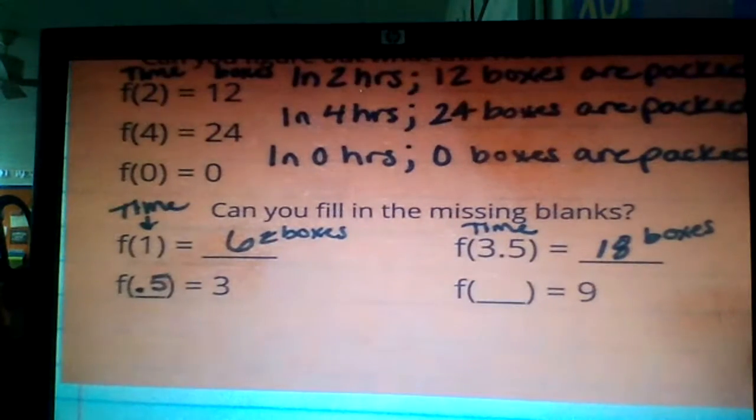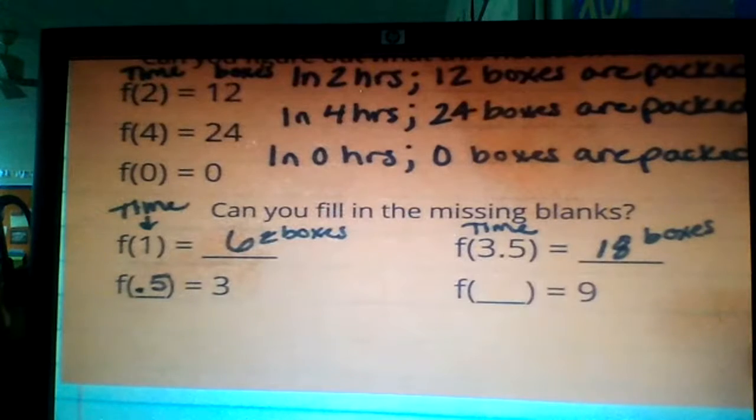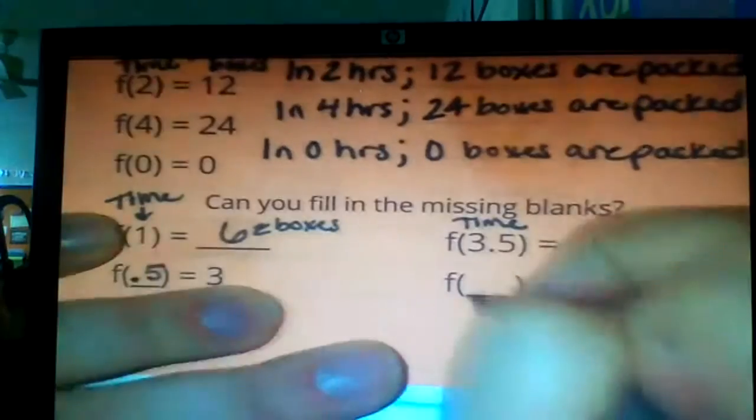In a half an hour, you've packed 3 boxes. Can it be 0.5? Yes, it's the same thing. The second one's 1.5. How long does it take to pack 9 boxes? 1.5.